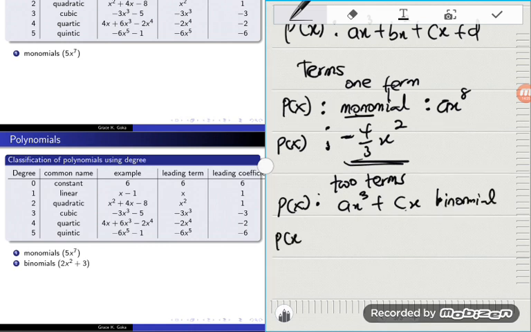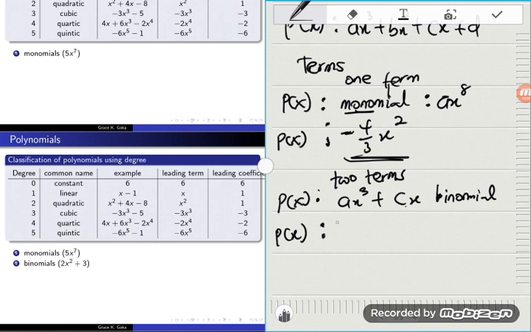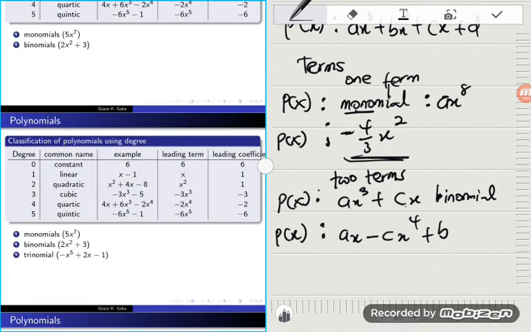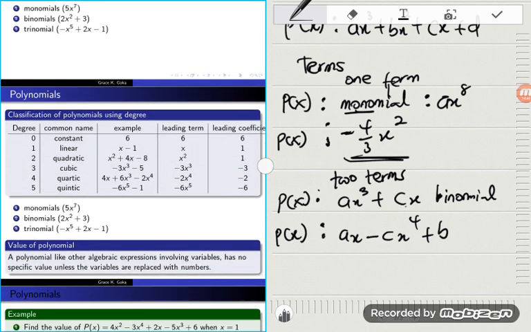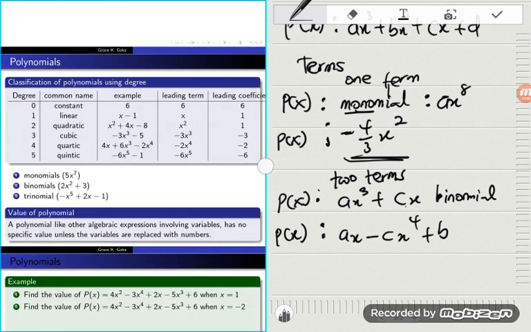If it has three terms, like P of x giving us ax minus cx to the power 4 plus ab, then such an expression will be known as a trinomial. So once again, as an exercise, I want you to give a name to an expression that has 4 terms, 5 terms, 6 terms, up to 10 terms.